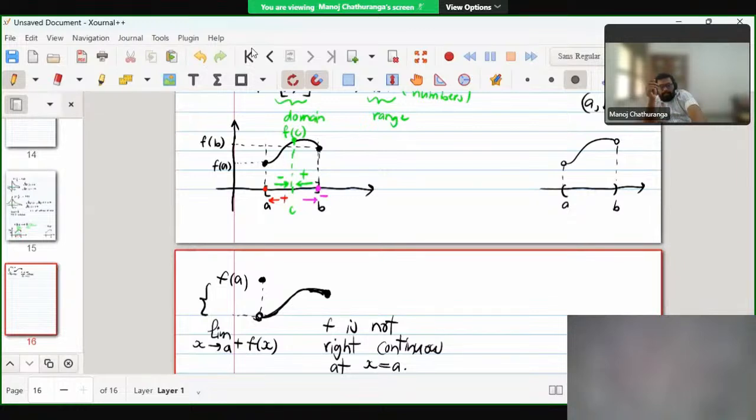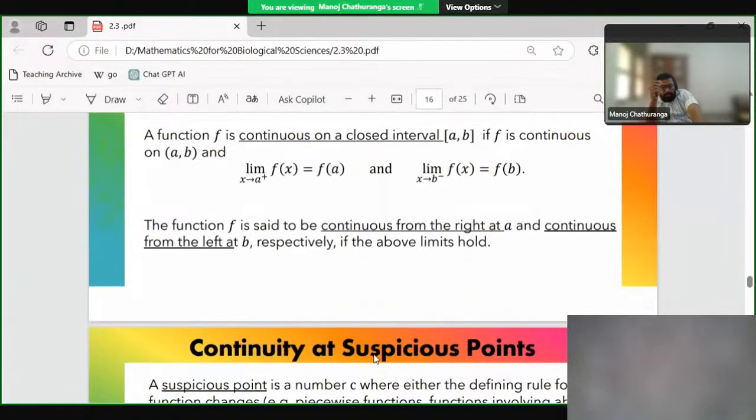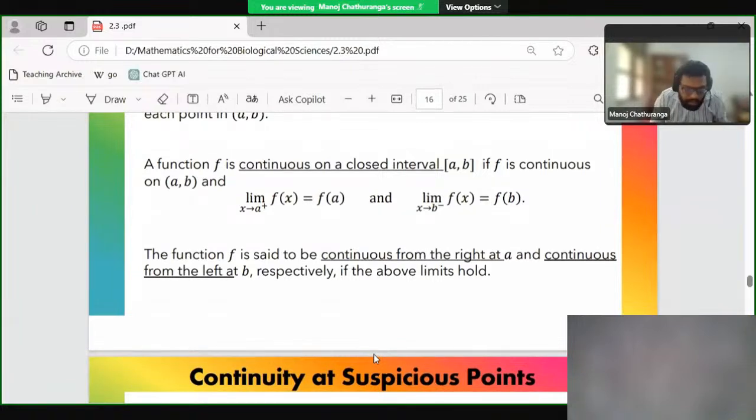So that is how the picture looks. That is about one-sided continuity. Like the one-sided limit, you can talk about one-sided continuity.